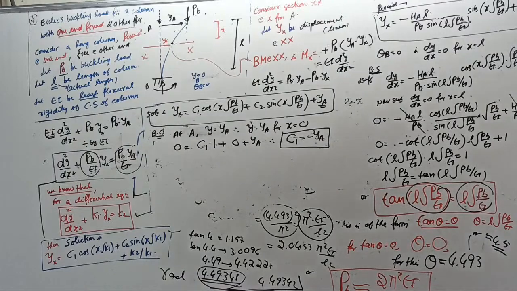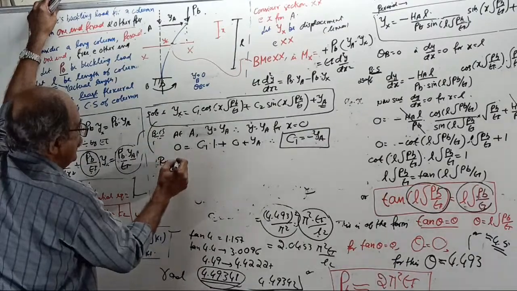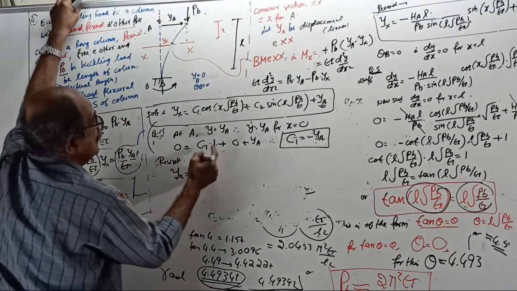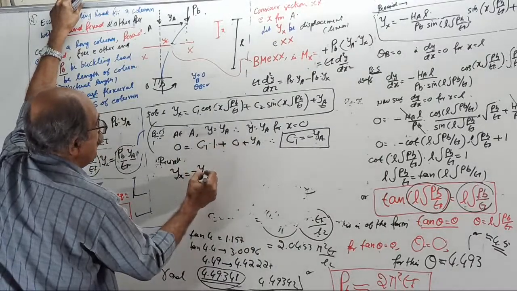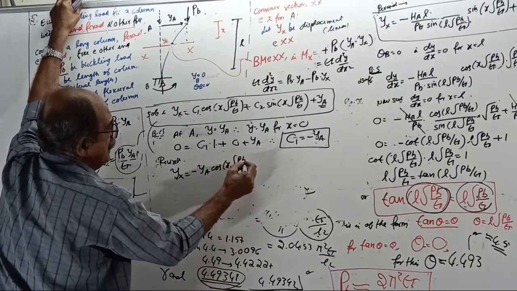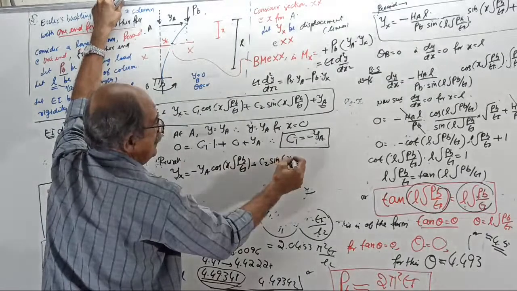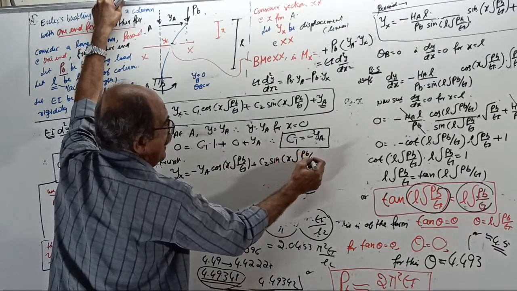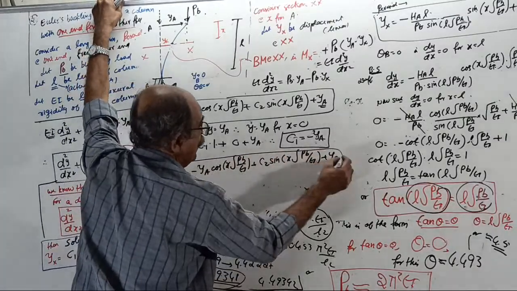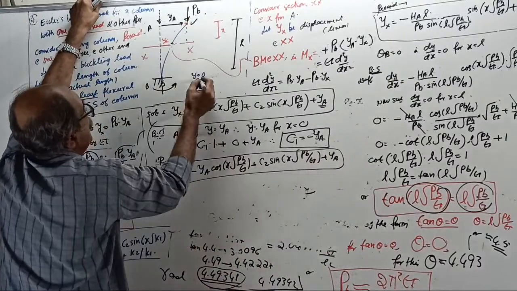Okay, start. Rewriting, what do you get? Your YX will now become C1, minus YA, into cos of X root PB by EI plus C2 sin of X root PB by EI plus YA. This is the new equation for YX. Now further, this boundary is over.